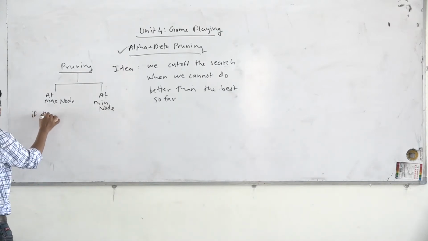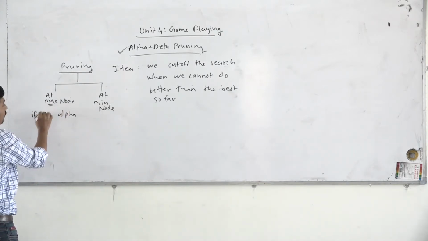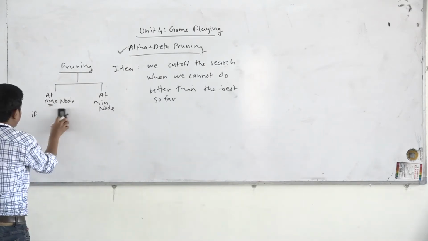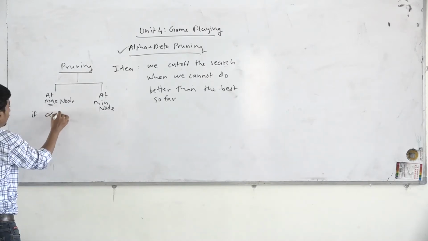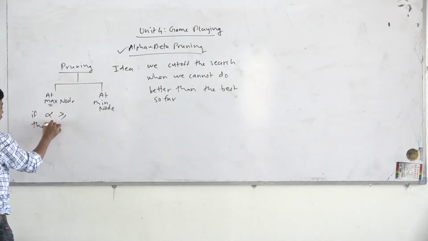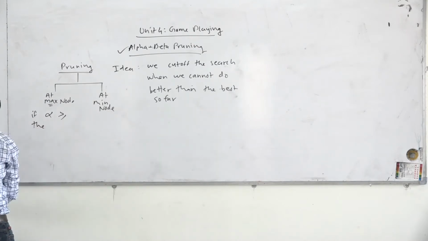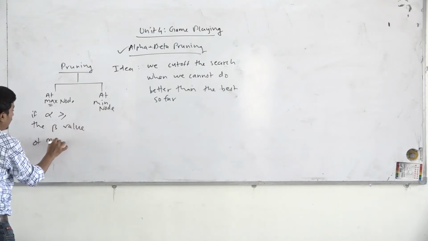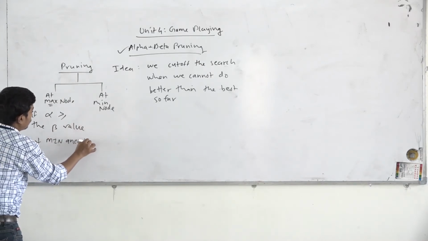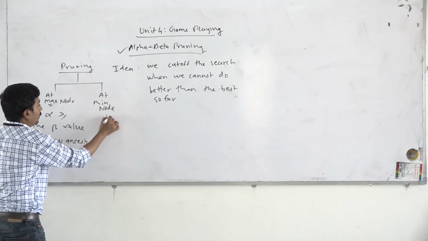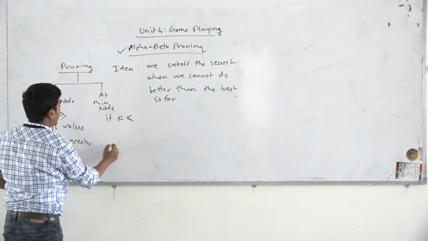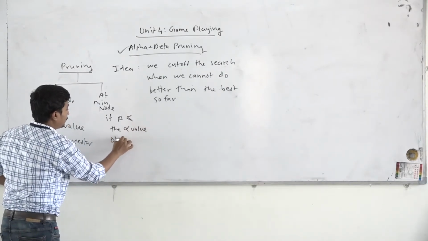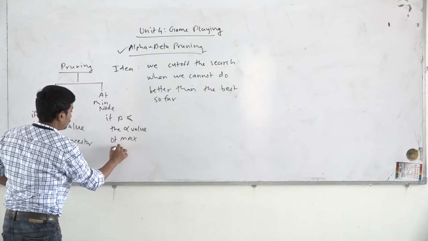If the alpha value, because a max node will have an alpha value, becomes greater than or equal to the beta value of the min ancestor. At a min node, the pruning will happen if beta becomes less than or equal to the alpha value of the max ancestor.